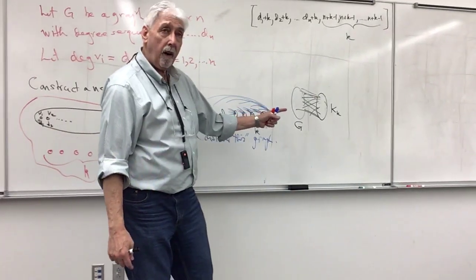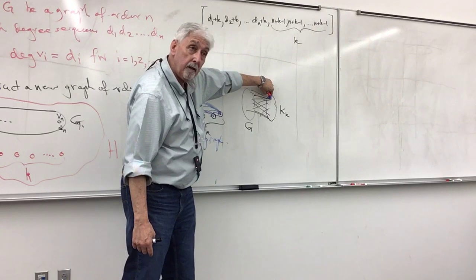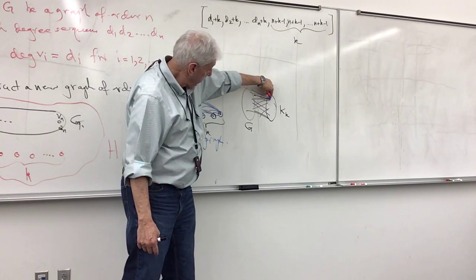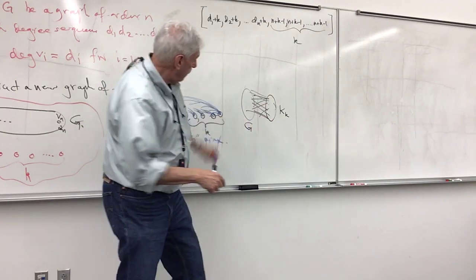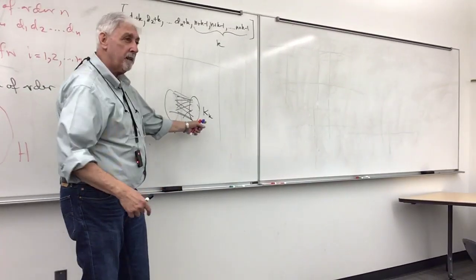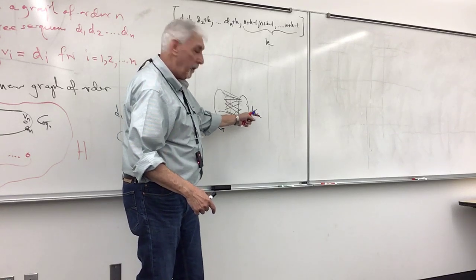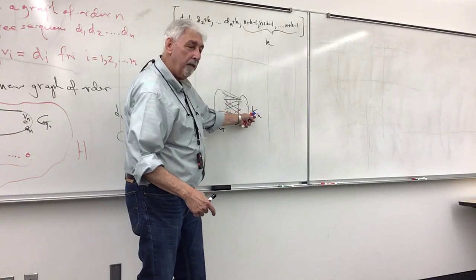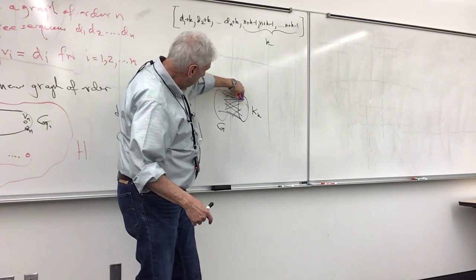And my degrees are, let's see, what's the degree of a vertex here? Yes, this is a complete graph. I guess I went one step too far, but okay. So it's adjacent to everybody here and everybody over here.